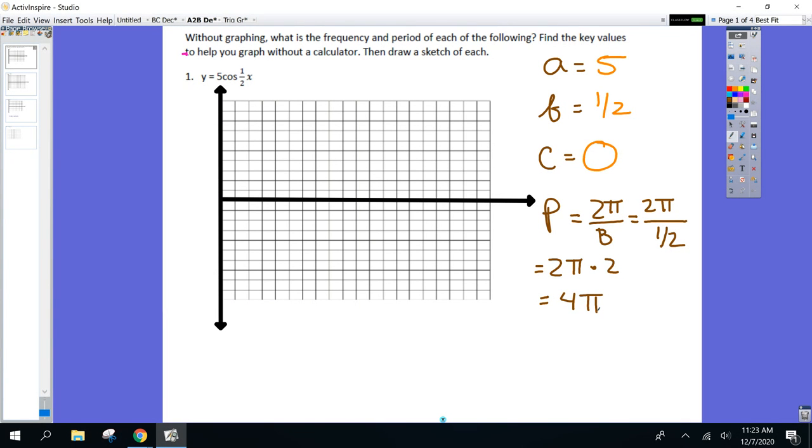All right, key values now. I've got to figure out, because remember, I've got these tick marks on here. If you want to set that up now, go ahead. I've got to figure out what's going to be at those tick marks.